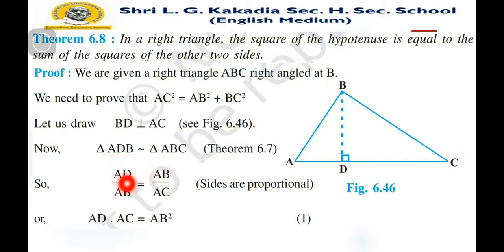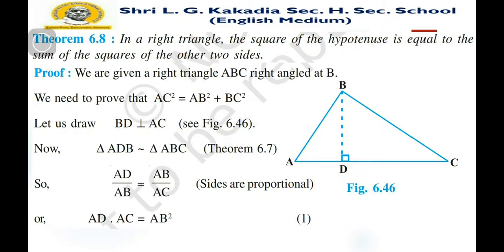So AD upon AB is equal to AB upon AC from both figures, since the sides of similar triangles are proportional, as we have seen in previous theorems. Multiplying, we get AD into AC is equal to AB square. Let us consider it equation number 1.